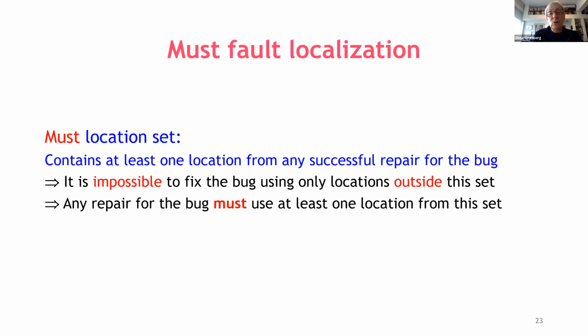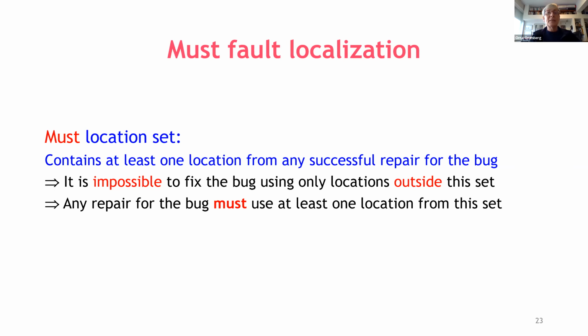So a must fault localization will contain at least one location from any successful repair for the bug. This means that it is impossible to fix the bug using only locations outside of this set. In other words, any repair for the bug must use at least one location from this set.